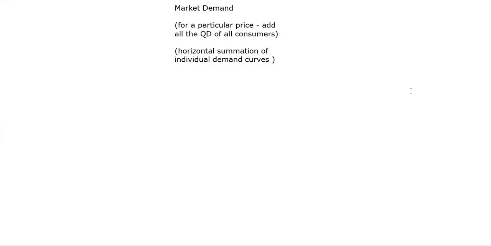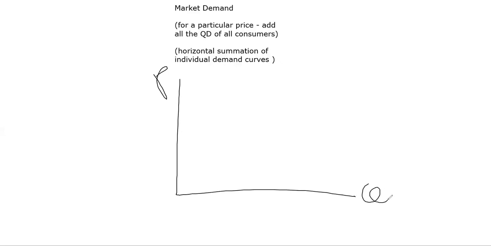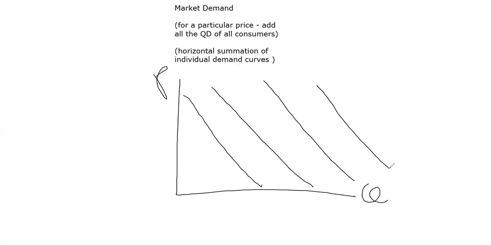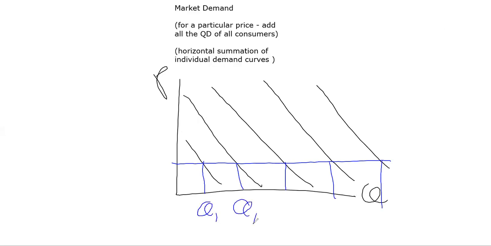What do I mean by this? I mean that if you have the price and quantity of a product, and let's say someone's demand curve is this, someone else's demand curve is this, and so on. And if let's say the market price was this, you have all of these quantities, right? You have, let's say, quantity demanded 1, then you have 2, 3, 4, 5.